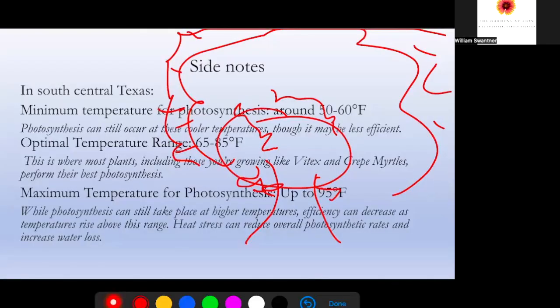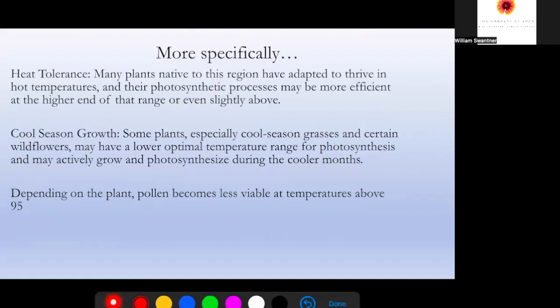All right. So more specifically, for our part of the country, many of the native plants, native and well adapted, and the superstar plants have adapted to thrive in hot temperatures. Their photosynthesis process may be more efficient, or it functions just a little differently than other plants that are not from here.